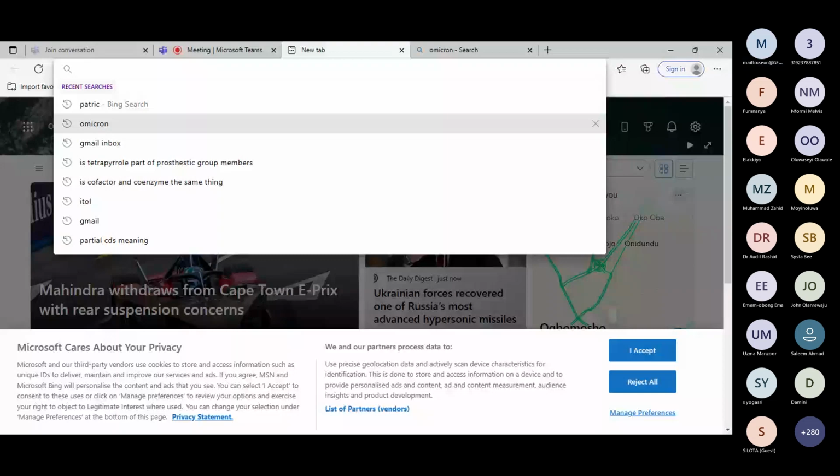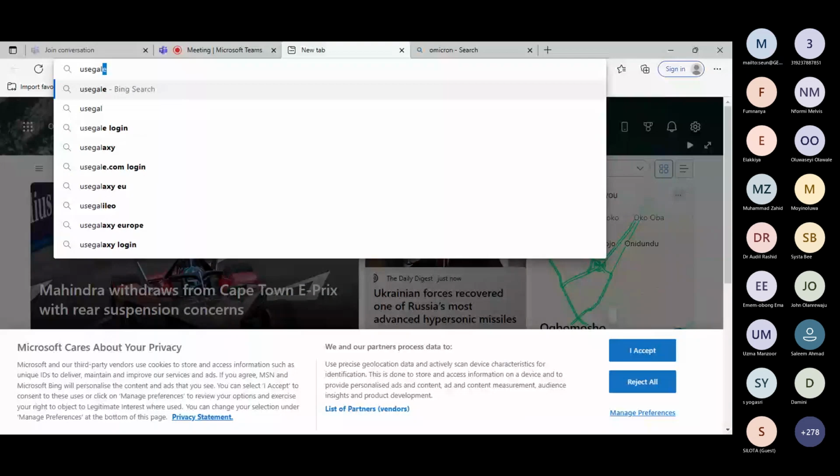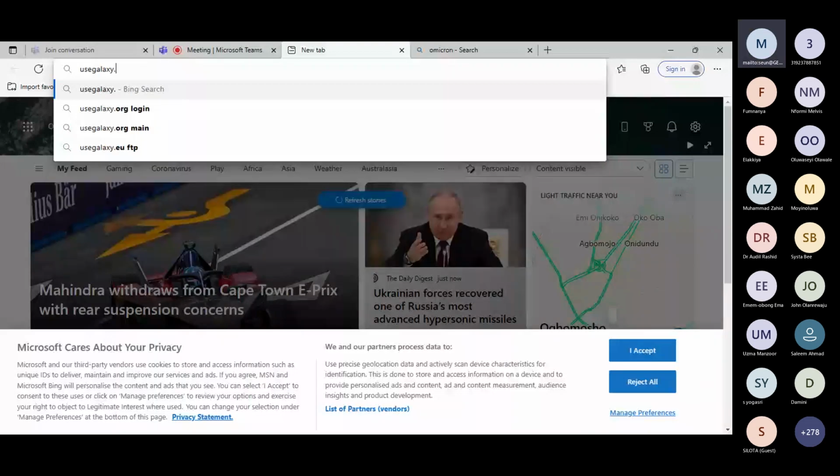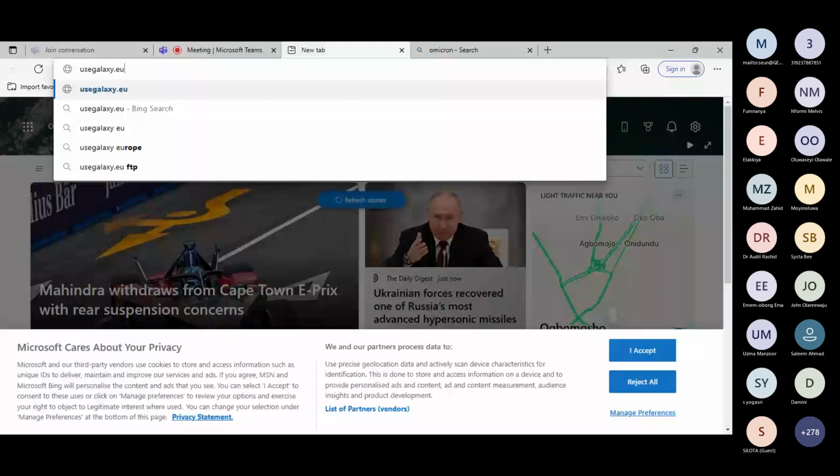Let's proceed. I hope you can see the screen. Search for usegalaxy.eu. All right, so I'm searching right now.